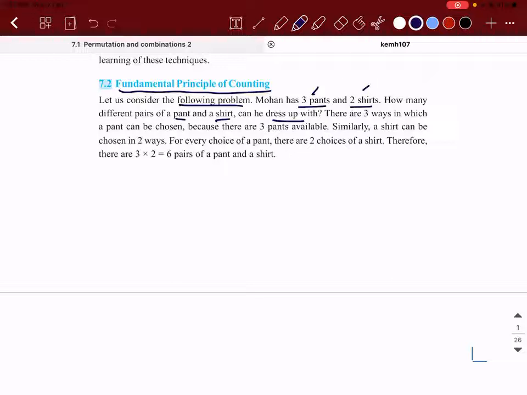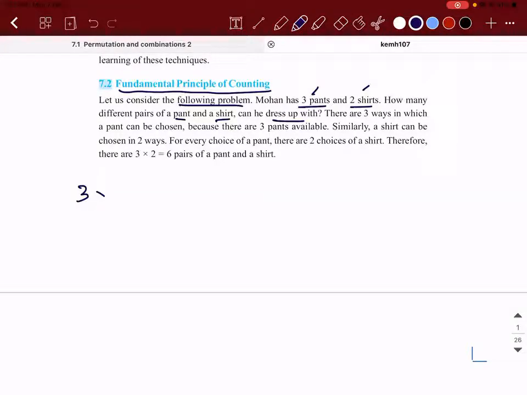Out of those 3 pants, he has a chance of selecting any pant, right? So 3 into 2, that is going to give you 6. Does it make sense by me directly writing it? Yes, sir. So how did I get that 3 into 2?